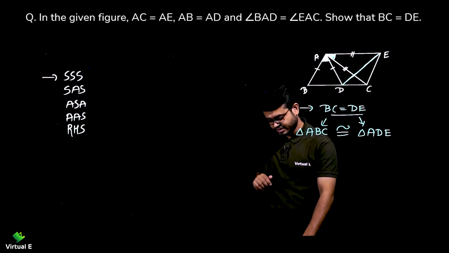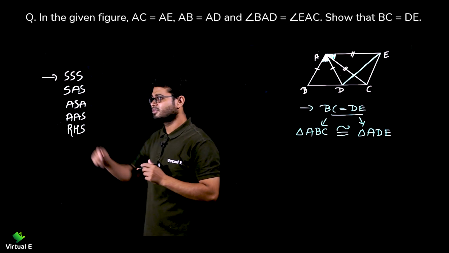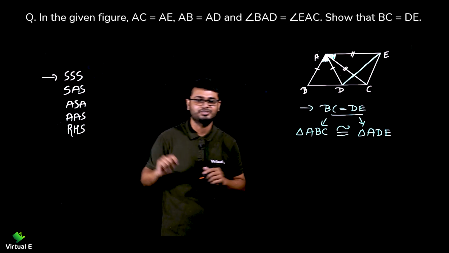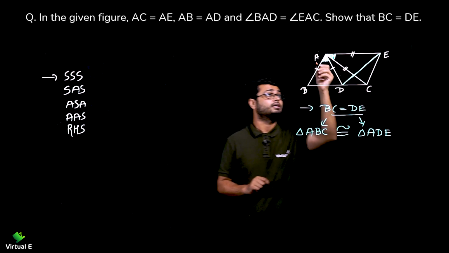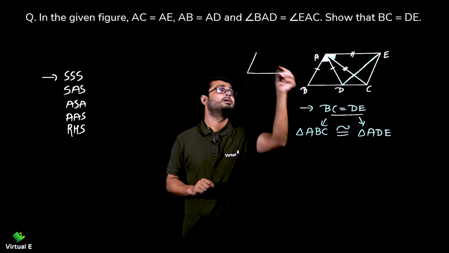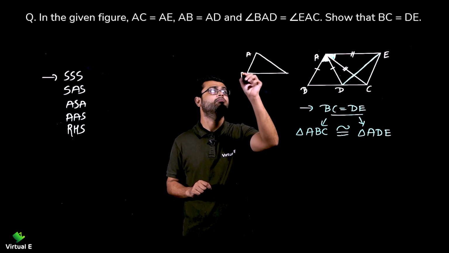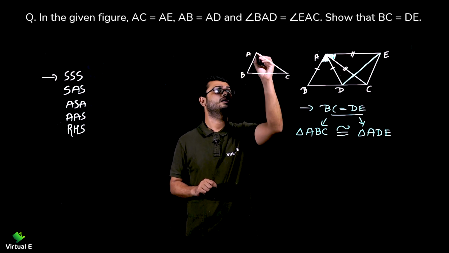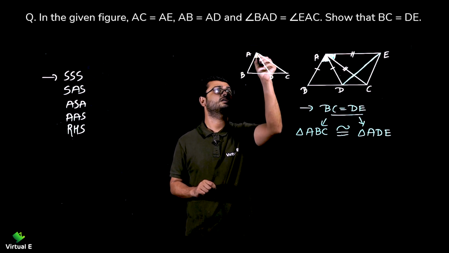Okay, let's check for the condition. We have two sides and one angle, SAS condition. But let's draw this triangle ABC separately. So this is how it looks like, A, B, C, and somewhere this is D here, and this angle is equal.